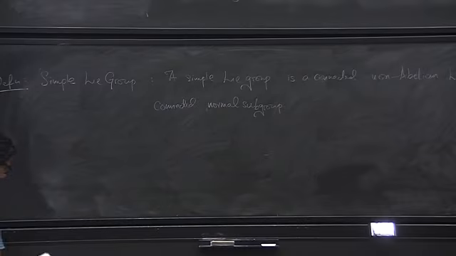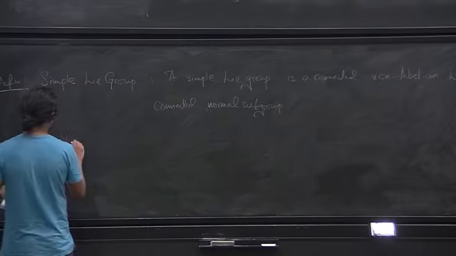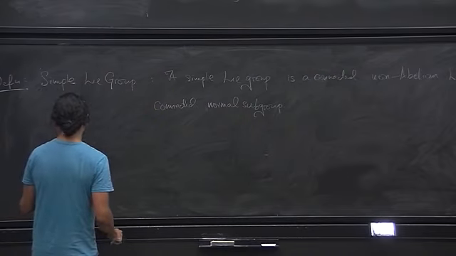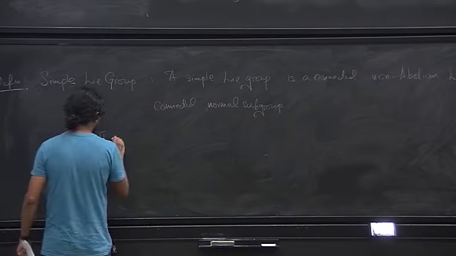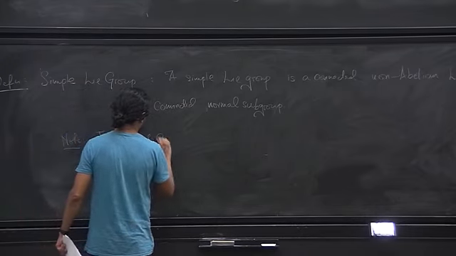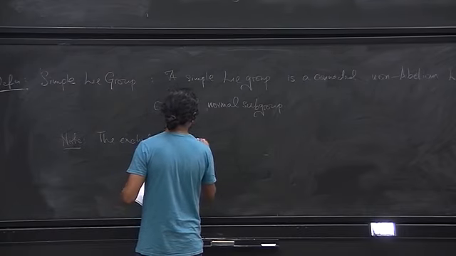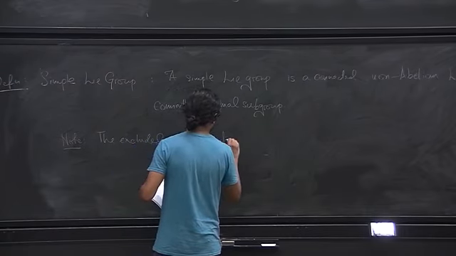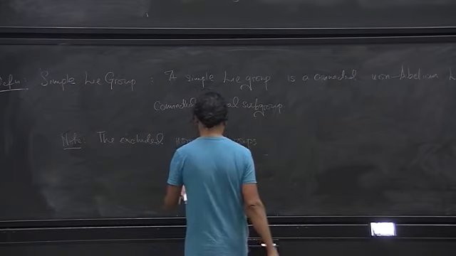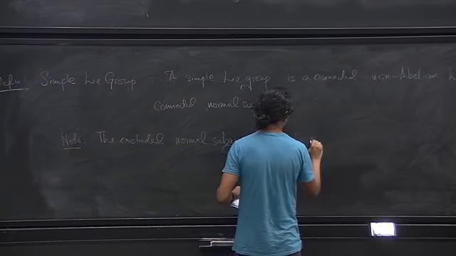Okay. So there's an important note. The excluded normal subgroups are Lie groups themselves.